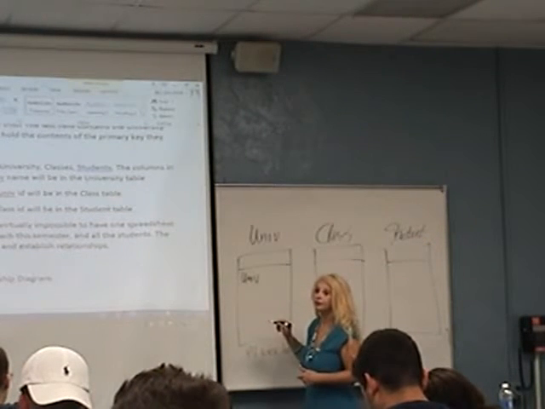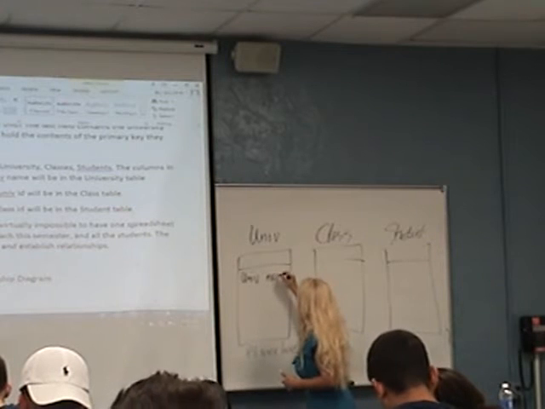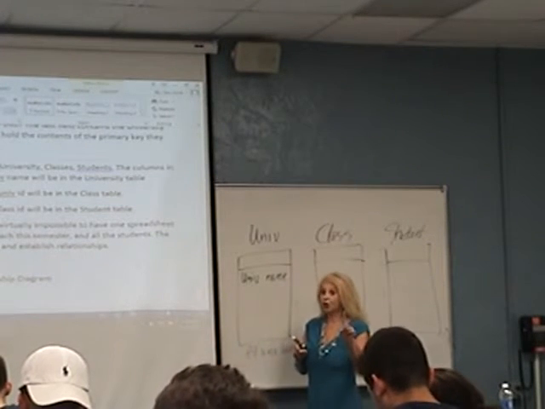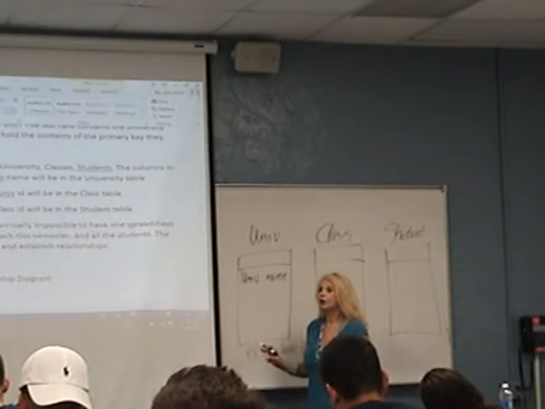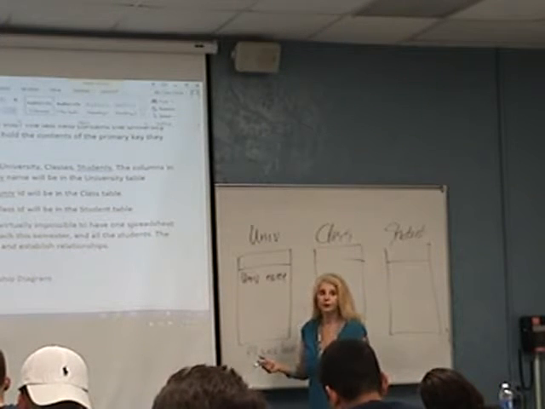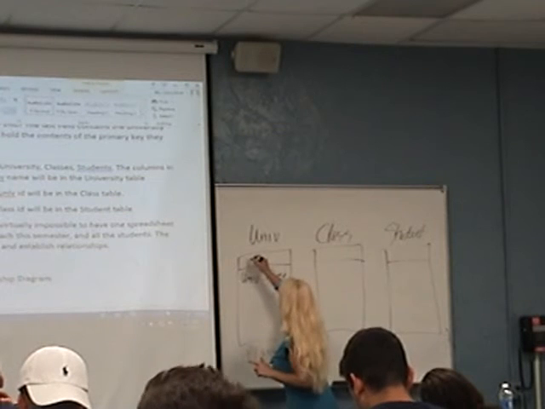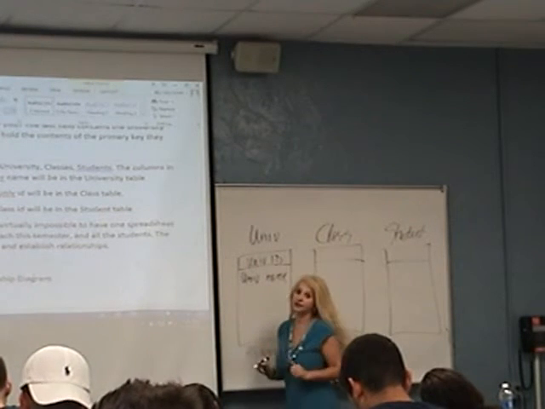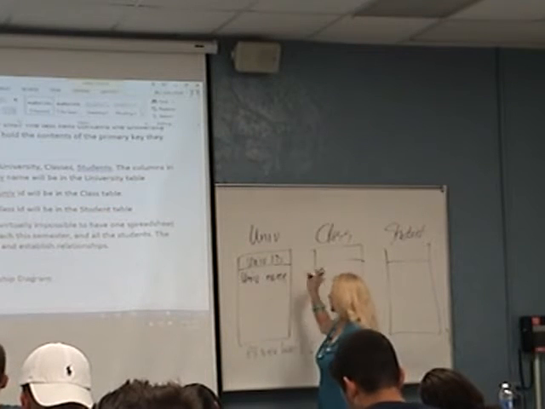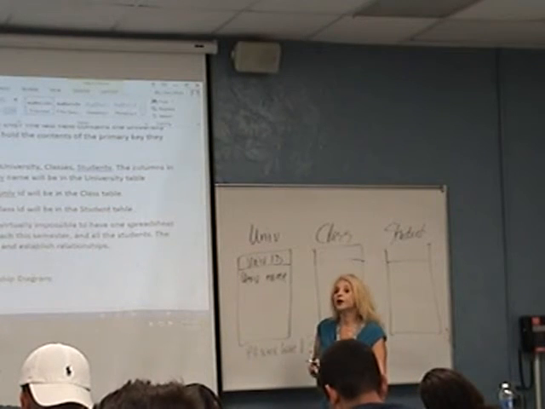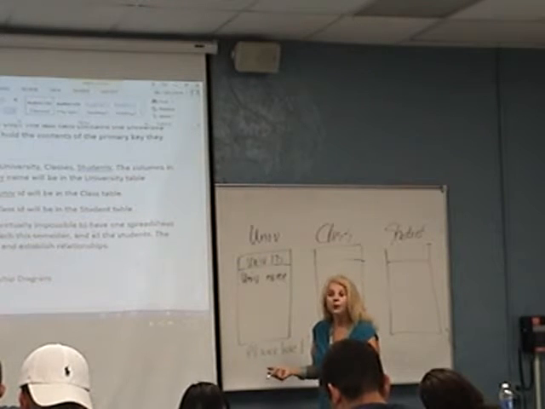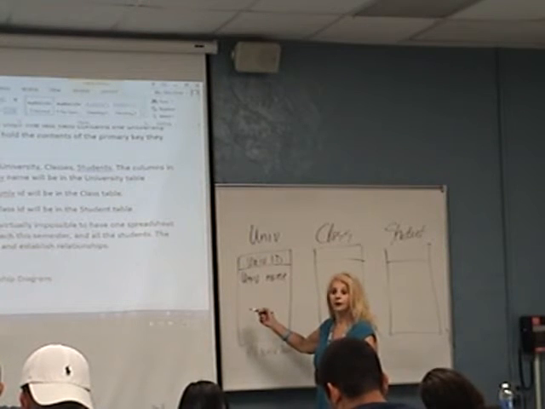The name, right? We want to store the name. Each university has one and only one. What else? An ID. Very good. That's going to go up here. Always. And we'll get to that in a minute. What else do we want to store about universities? Their name. What else? Their address.